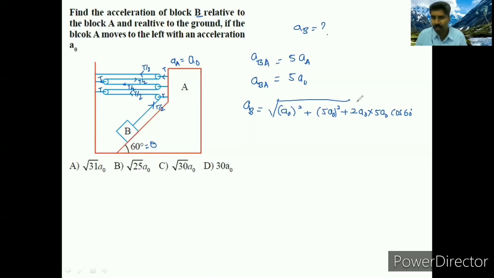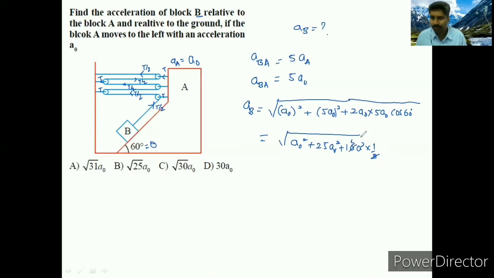So here we get under root of a naught square plus 25 a naught square plus 10 a naught square into 1 by 2.